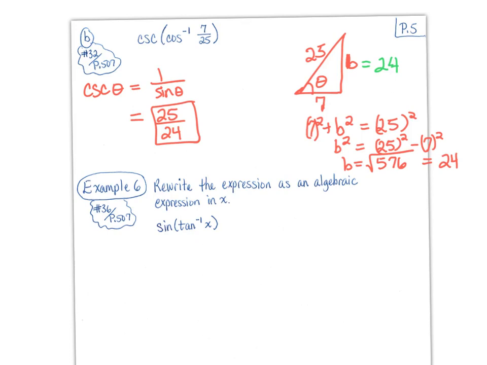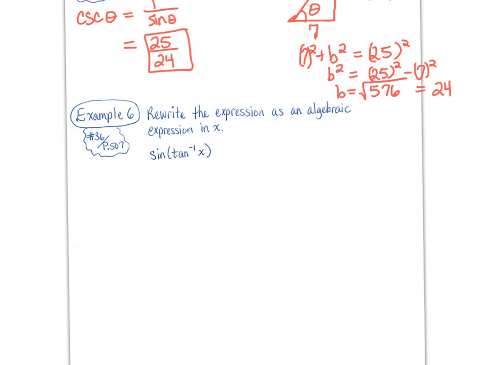Okay, so now we're going to take those ideas that we've learned and put them with something a little bit more abstract. But it all boils down to making sure you really understand what it means to have those trigonometric ratios and applying them with the right triangle. Okay? So, in example 6, we want to rewrite the expression as an algebraic expression in x.